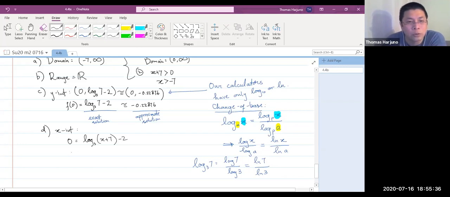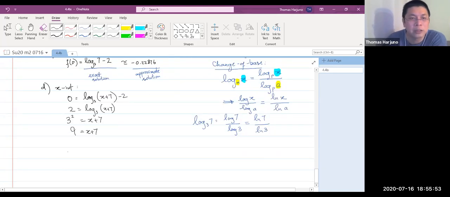So move the 2 to the other side and change it to exponential form. And we happen to get a nice solution here. So the x-intercept is 2, 0.